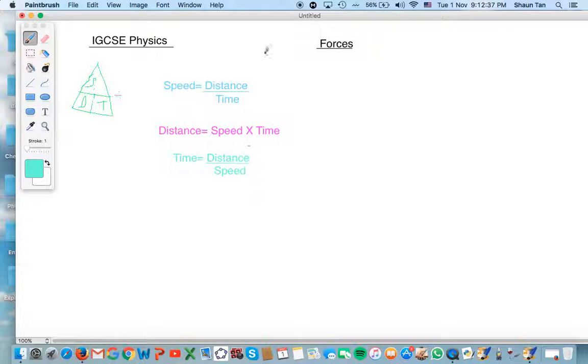So now, these are the three basic equations that you must know before we can go into any of the forces stuff. I'm just gonna leave this on here so we can use this to deal with the equations in a moment.